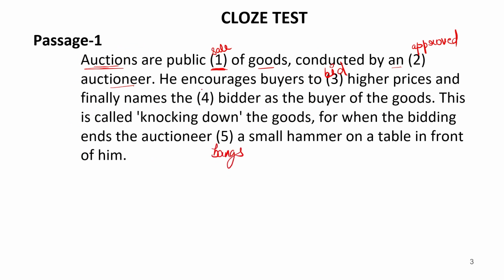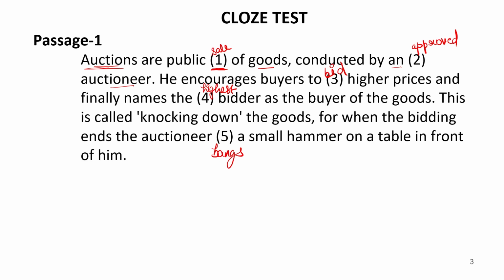So, now the passage completes meaningfully. In the fourth blank, it was highest. So, let us read the passage again. Auctions are public sale of goods conducted by an approved auctioneer.